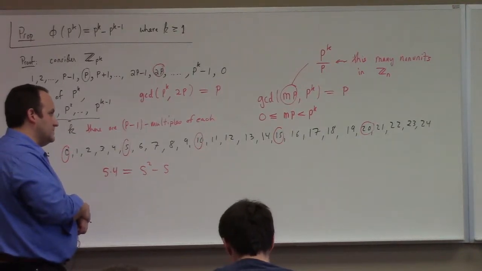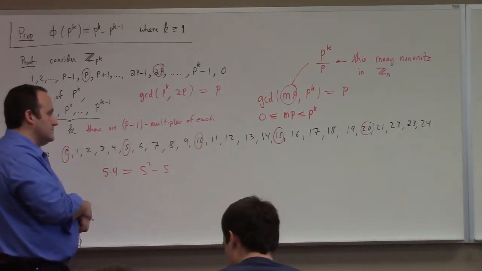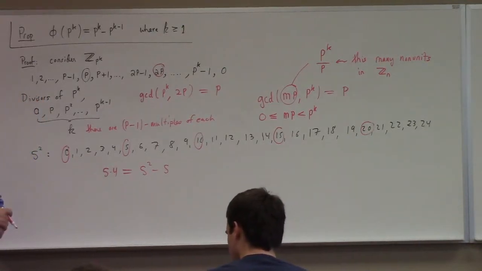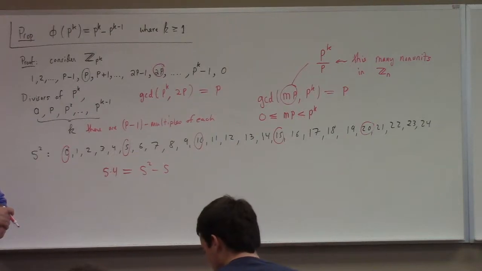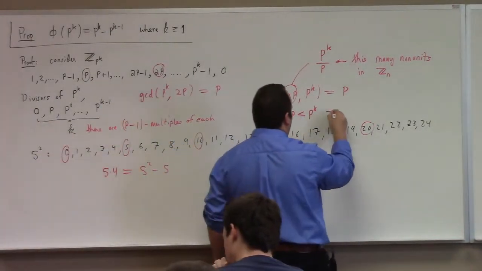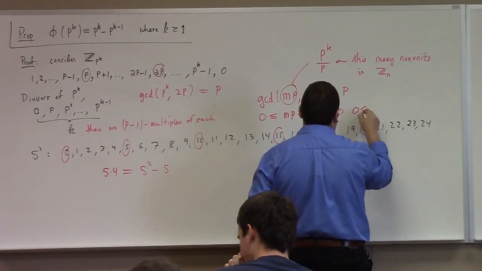Yeah, you've got it. Divide by p, and that gives you m is greater than or equal to 0 and strictly less than p to the k minus 1. I see what you guys are saying. Divide this inequality.